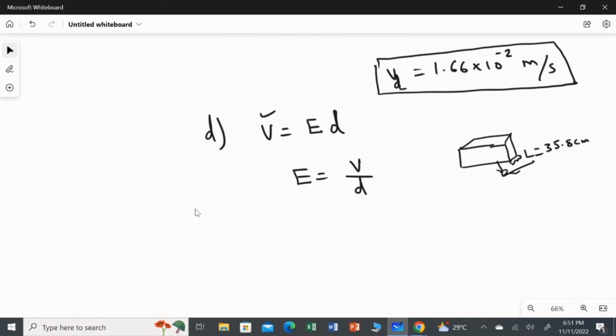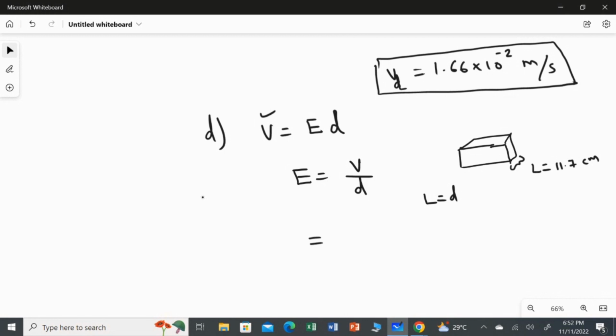Sorry, I wrote the voltage. From the front side to the back side, the length is, I think, 11.7 centimeter. So here the length is nothing but the D.